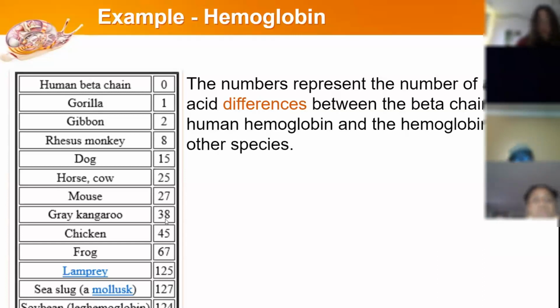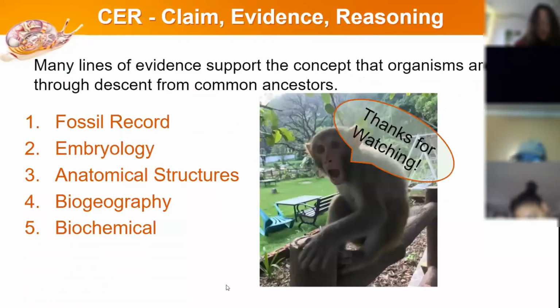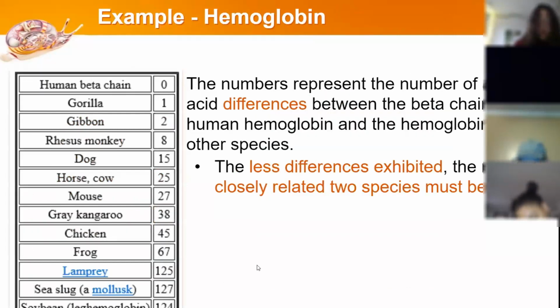And as I keep going further and further away, those that share fewer traits than us, right? An amphibian has slimy skin, lives in the water and on land. We have lots of different traits. And so we can see we're less alike them, right? Because the amino acid sequences are more different.